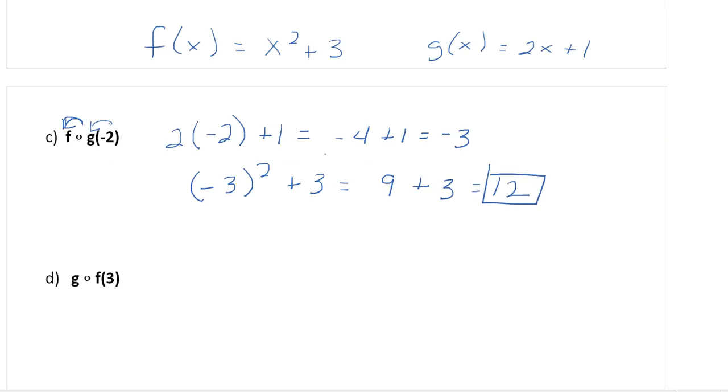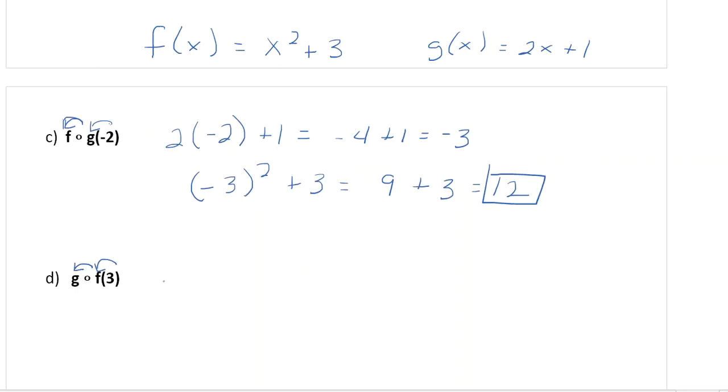So now down here, a different example. Again, we can use the leapfrog technique, taking the 3, putting it into the f, and getting a different output. Taking that output, it becomes the input for the g. So starting, we take the 3, put it into the f function.